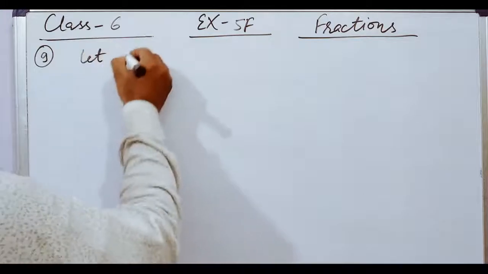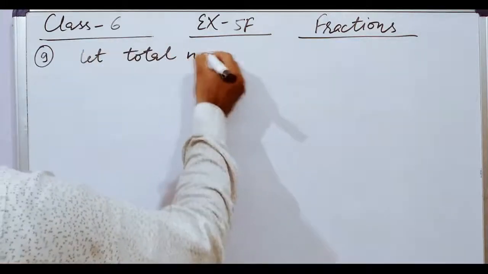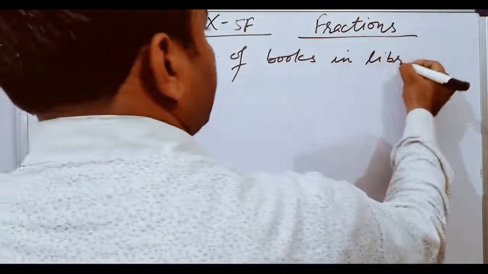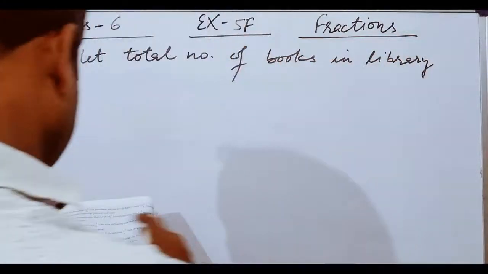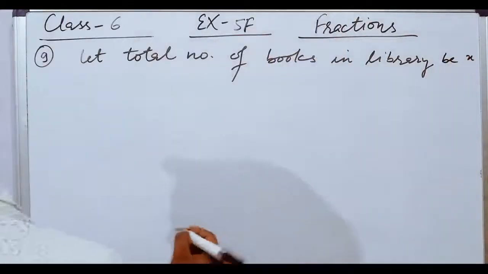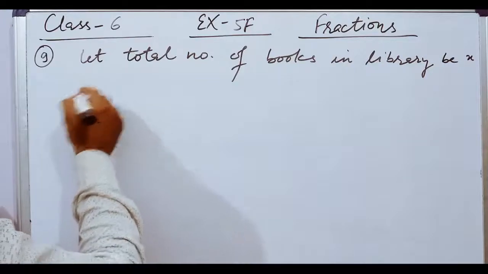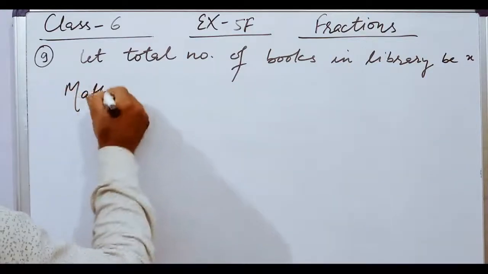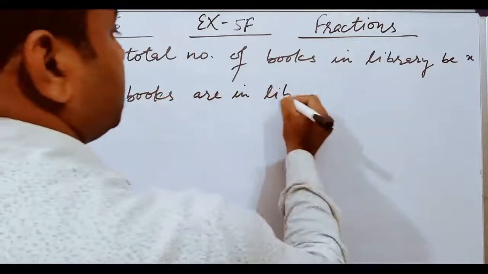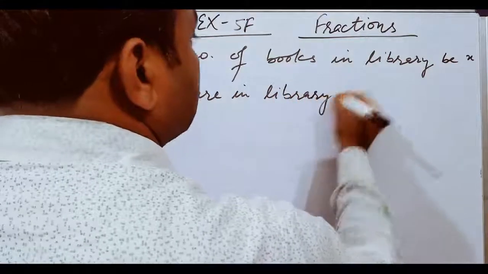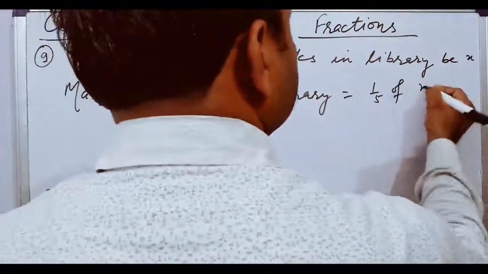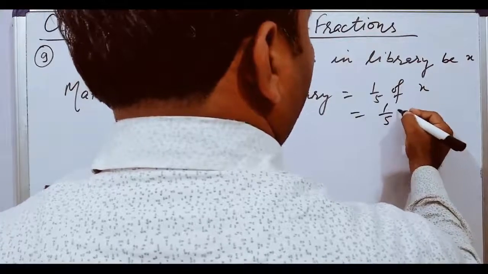Let total number of books in library be X. So maths books in library equal to 1/5 of X, means 1/5 of total books.